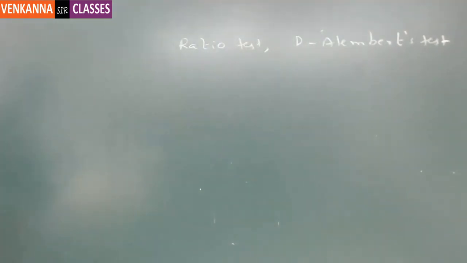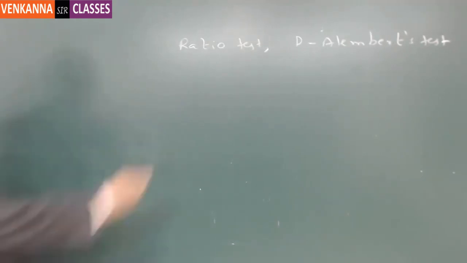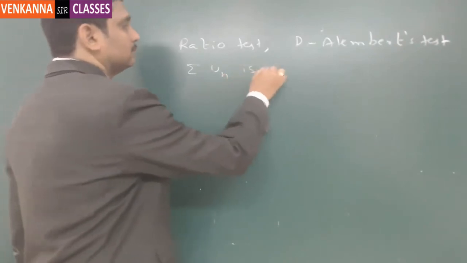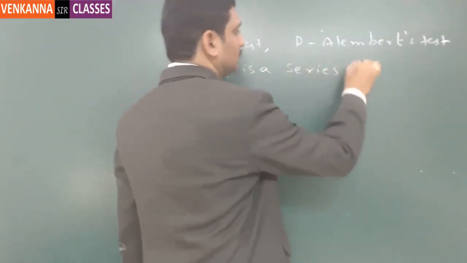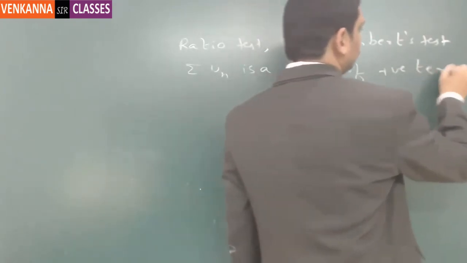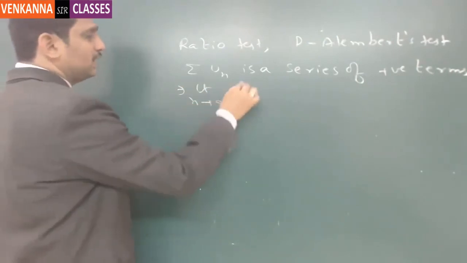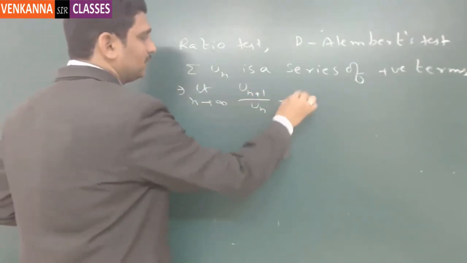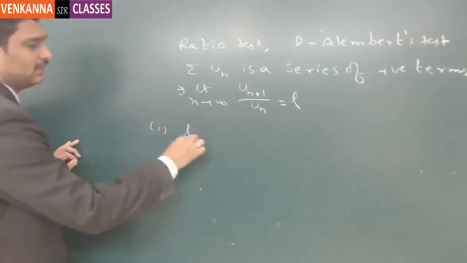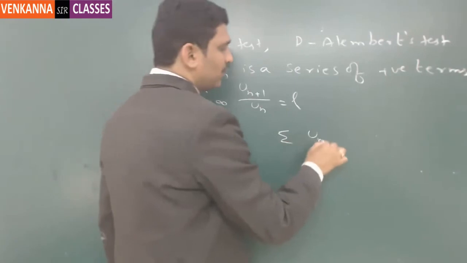Again, we have ratio test here. We also call it D'Alembert's test. The same condition we take here. So it says that you have a series of positive terms such that limit n tends to infinity, un plus 1 by un is equal to L. Then if L is less than 1, sigma un is convergent.